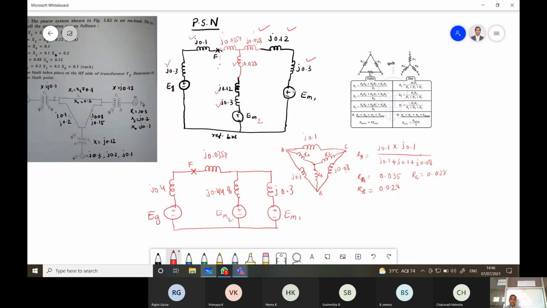If you add all these things, you will get same answer, right? Yes, sir. Sir, 0.448, sir. Reactance of motor 1, sir.